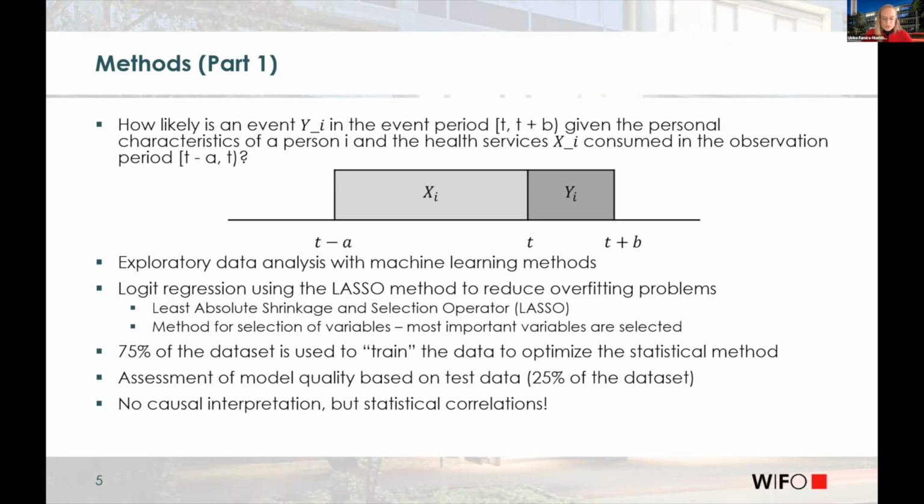And the lasso method is, in fact, a method that helps us to select the most important variables, so those with the highest correlation. We use 75% of the data to train the model in order to optimize the statistical method, and the assessment of the model quality is based on the test data, that is the remaining 25% of the data set. And that's important to add, our results do not allow for causal interpretation. We show only statistical correlation.